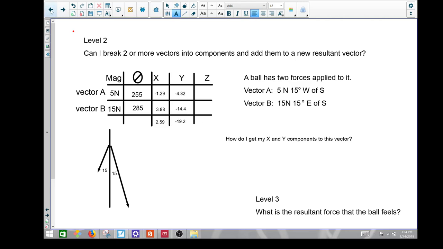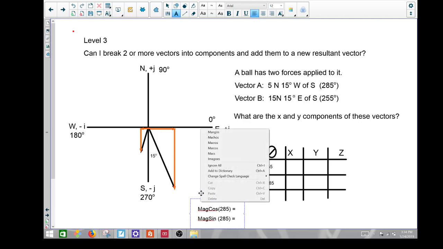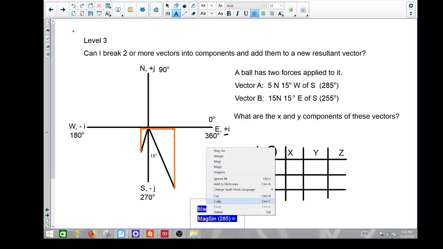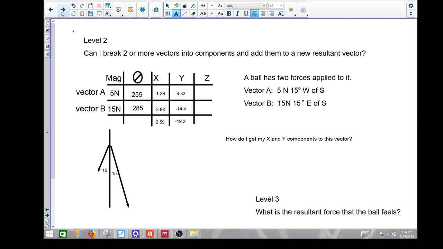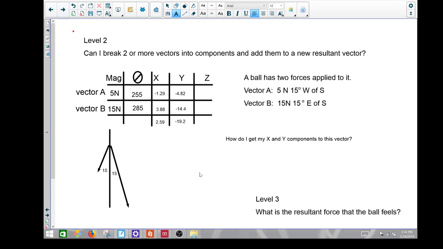In fact, I'm going to grab this. All right, that's good enough. So how do I get that?